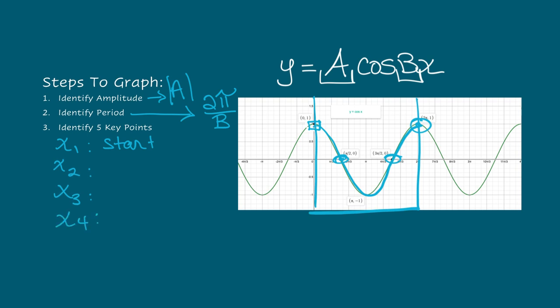So we have all 5 of these points that we want to identify. And this last point is going to be the end of our cycle, and that is going to end with the length of the period of our cycle here.